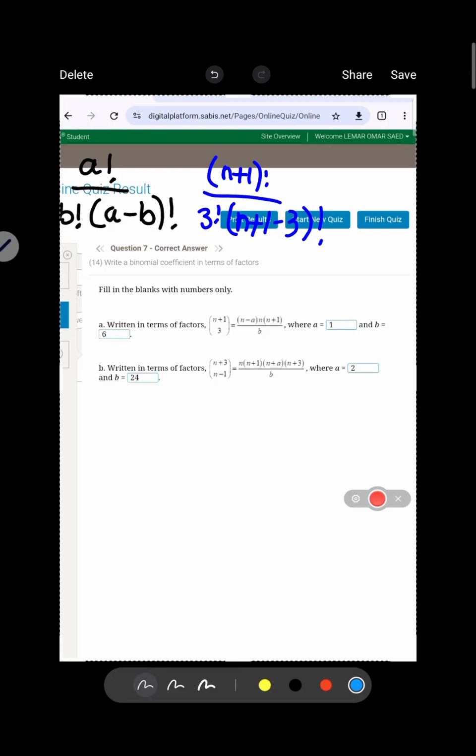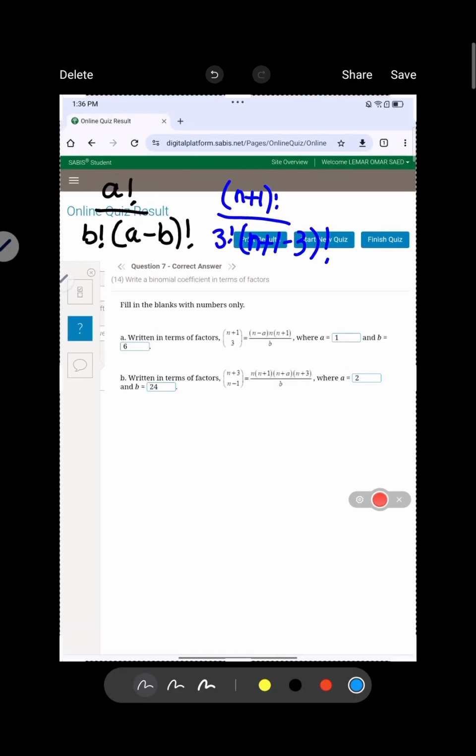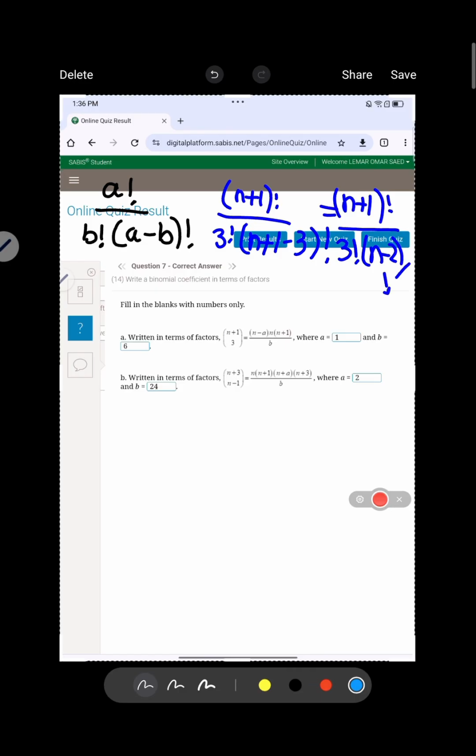Now, you get n plus 1 factorial over 3 factorial times (n minus 2) factorial.